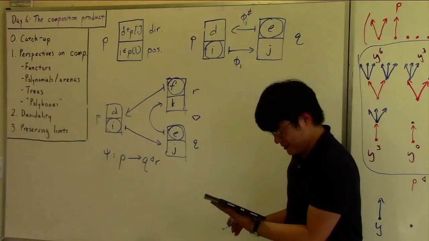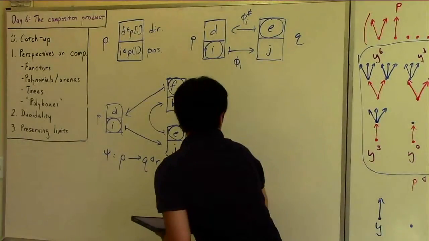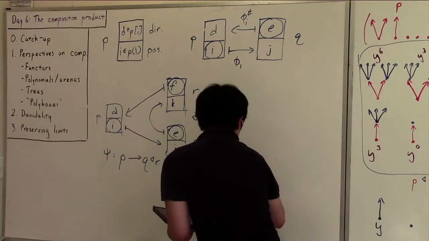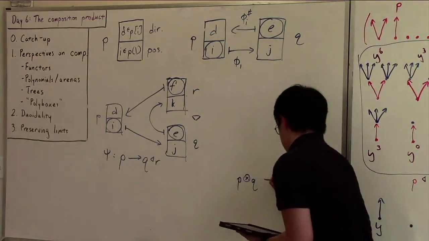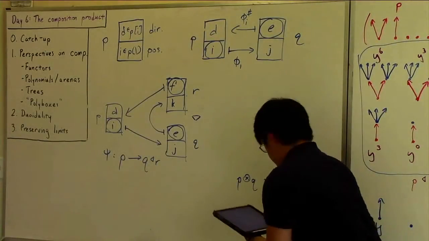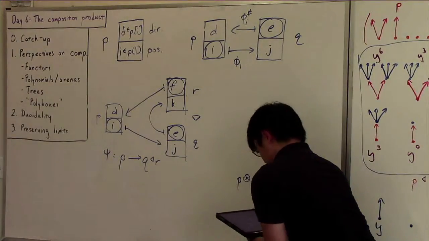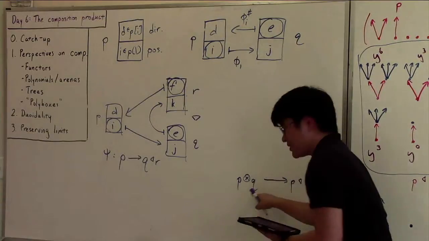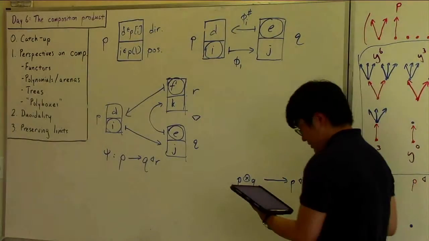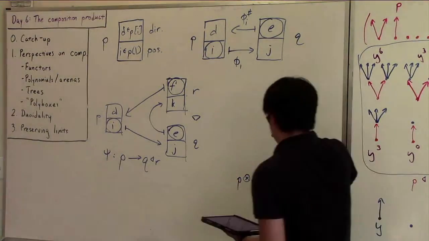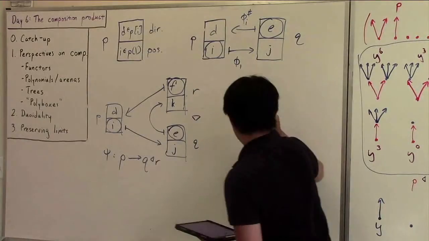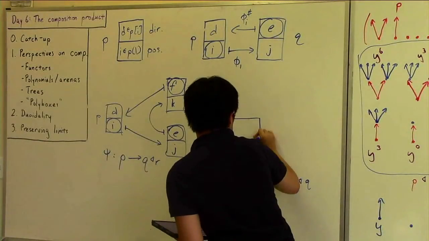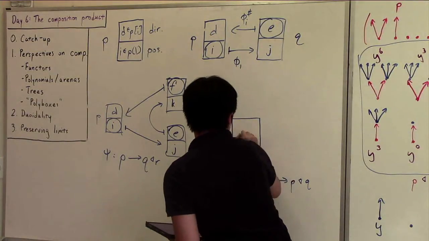But one particular map I will draw right now: I want to point out that there's always this canonical map from P tensor Q, the polynomial whose positions are pairs of positions of P and Q, and directions are pairs of directions of P and Q at those positions, into P tensor Q. Now, the way I'm going to draw P tensor Q, this is really just two polynomials glued together.